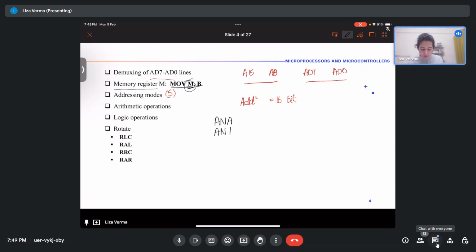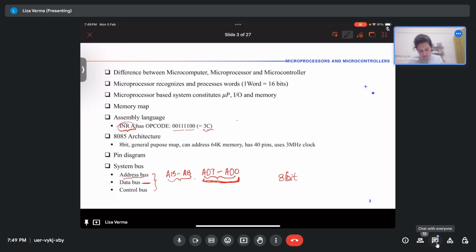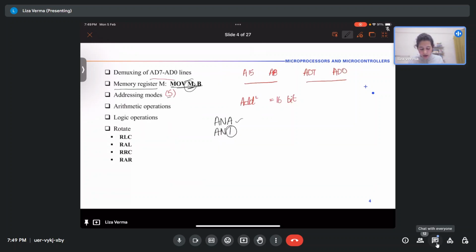All of the opcodes which contain I are for the immediate addressing mode, as we discussed previously. AND immediate, OR immediate, XOR immediate.